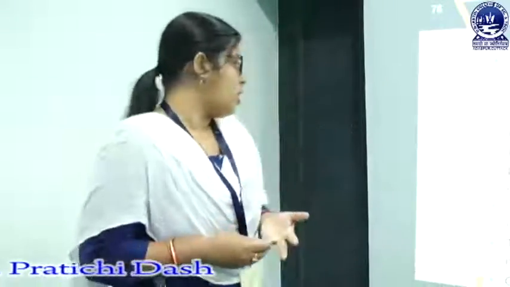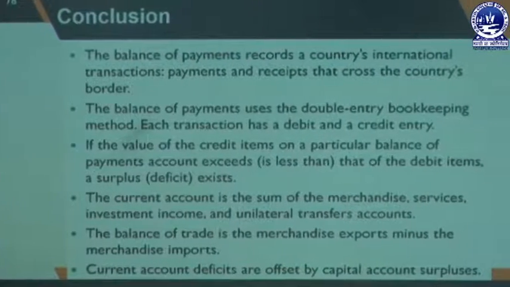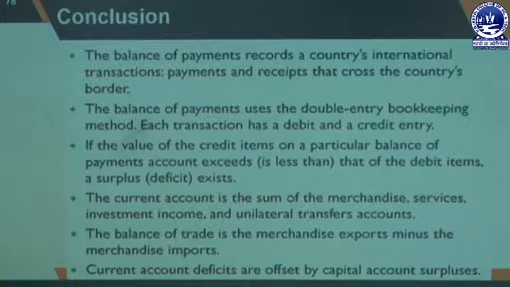The current account deficits are offset by the capital account surplus. As the balance of payment has two accounts, the current account and the capital account, the current account may be in surplus or deficit, and the deficit of the current account can be offset by the surplus of the capital account.